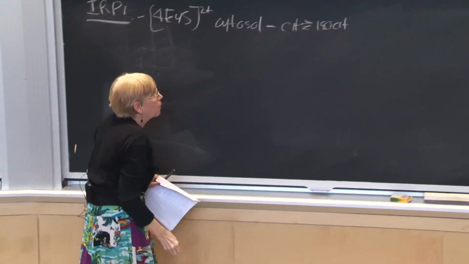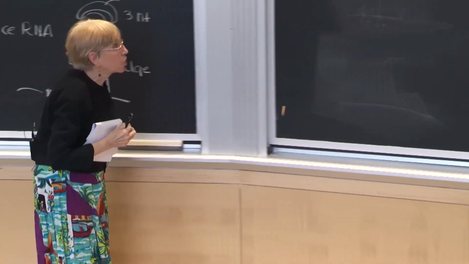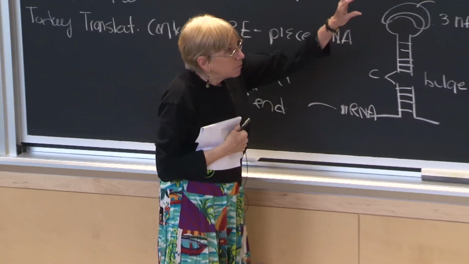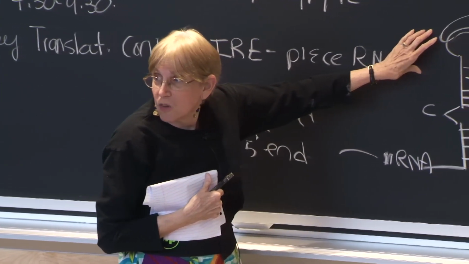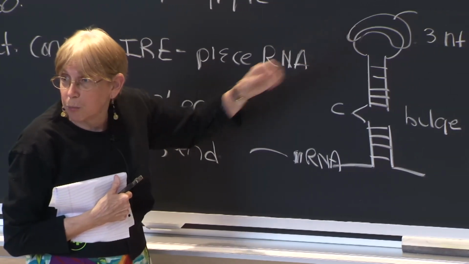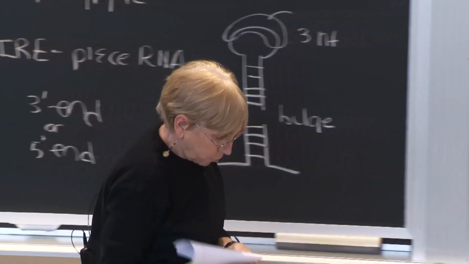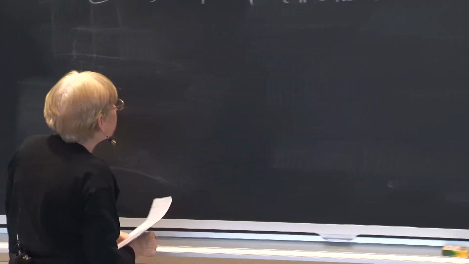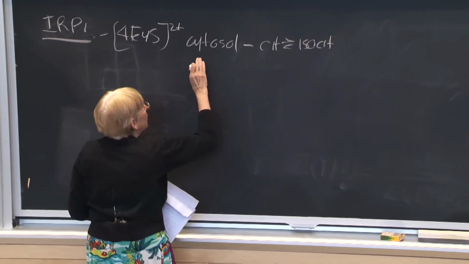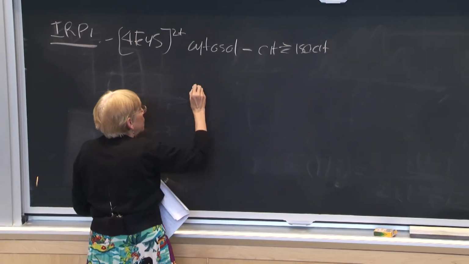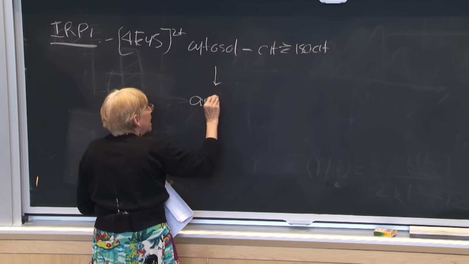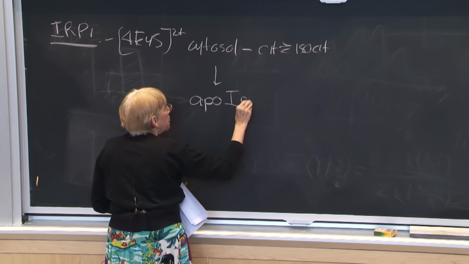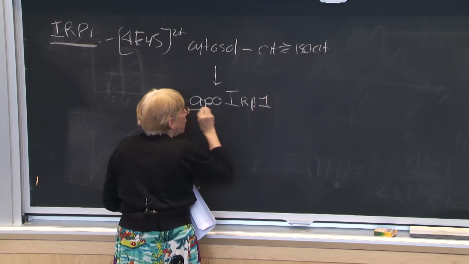Okay. So the question is, what is the switch that allows this IRP1 to interact with this little piece of RNA, this stem loop piece of RNA? And so the switch is that you have to lose this cluster. And what you generate then is apo IRP1.